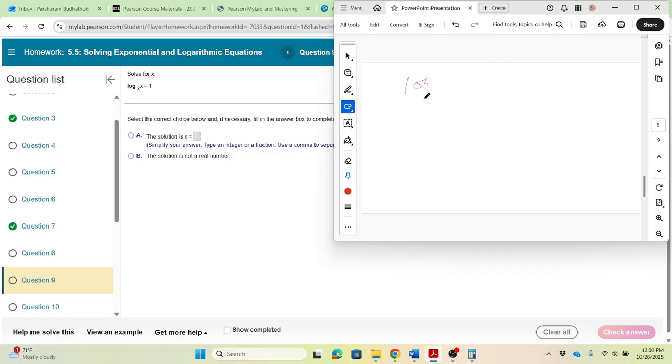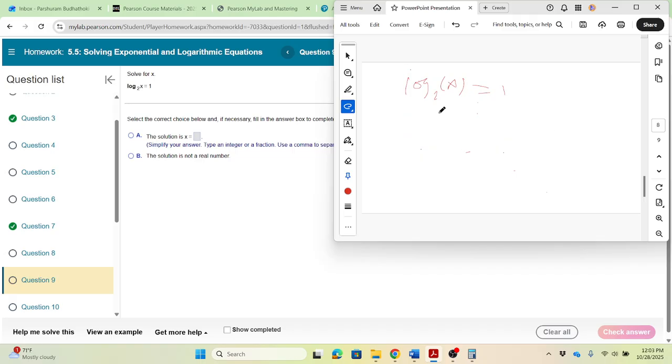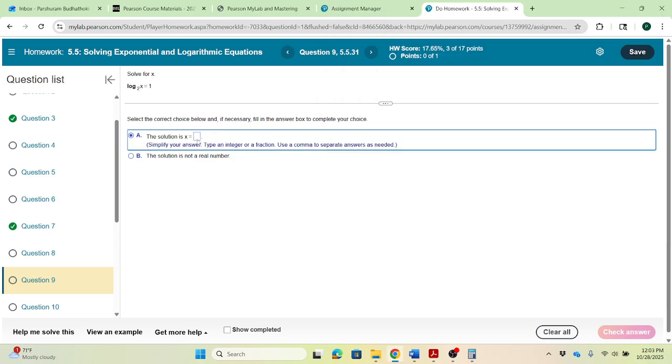So log base 2 of x equal 1. So what is x? So this is actually x equal this base to the power 1, which is 2. And that is acceptable because inside the parentheses a positive number is fine. The solution is 2.